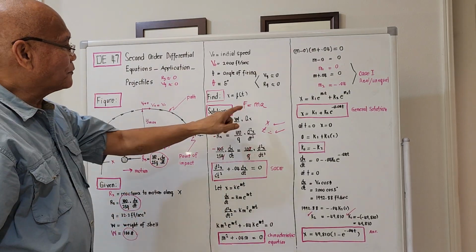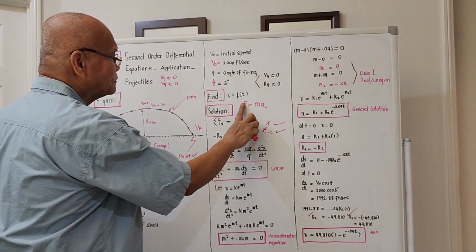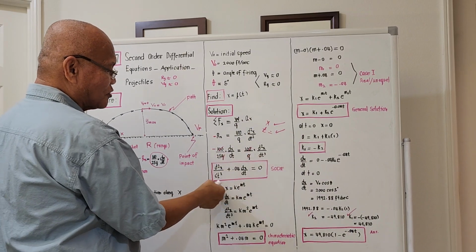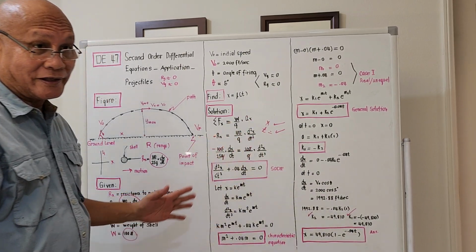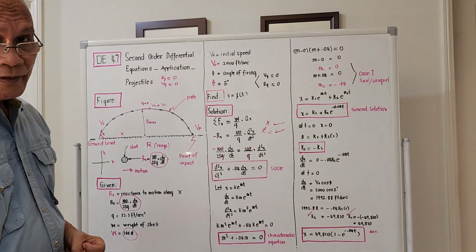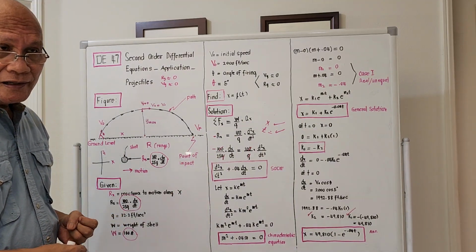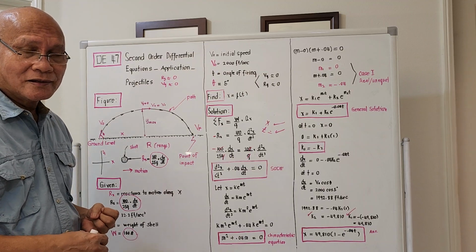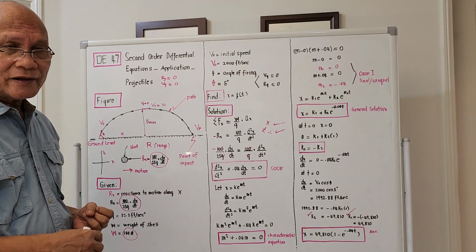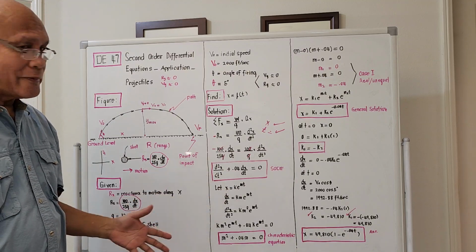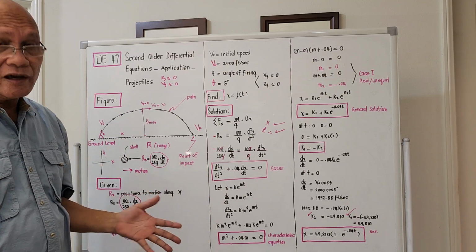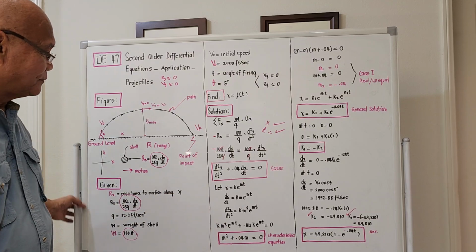Because to compute x as a function of time, we must solve this equation. And for the solution, there are three possible cases, right? Real and unequal, equal and real, and the third one is the complex case. So how do we know if it's case 1, case 2, or case 3? Let's bring out the solution of this one.